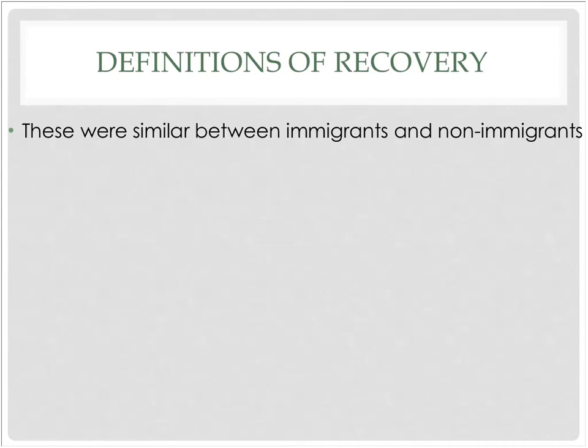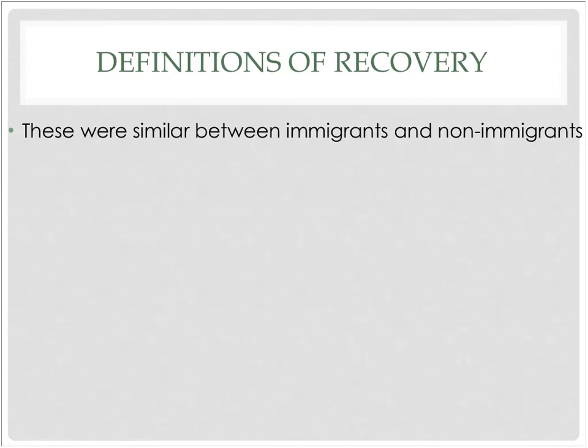They would talk about autonomy, being able to make their own decisions in life, being independent, not being reliant on healthcare or the state. So, for example, having a job, being employed, having a girlfriend or boyfriend. An answer we constantly got was, I'd like to have a girlfriend, and I'd like to have a job, and I'd like to have a cell phone. People would repeat those 3 things, regardless of whether they were immigrants or non-immigrants.